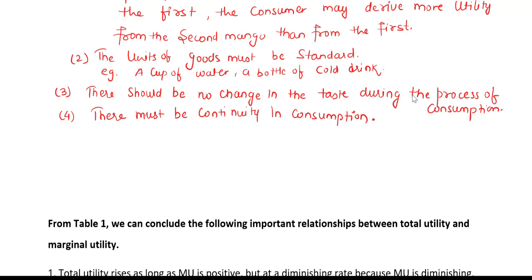If a consumer is eating mangoes, he should eat the first mango, then the second mango, third mango, fourth mango. So continuity should be maintained. It should not happen that in the morning he is eating a mango and in the evening he is eating a mango, where the time duration is so long that his craving for mango increases, and because of this the utility would increase.